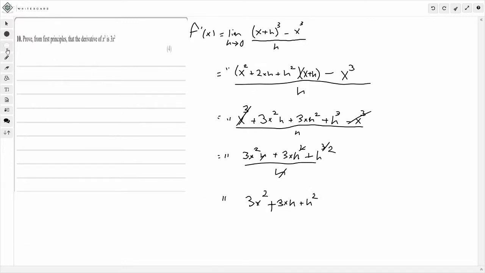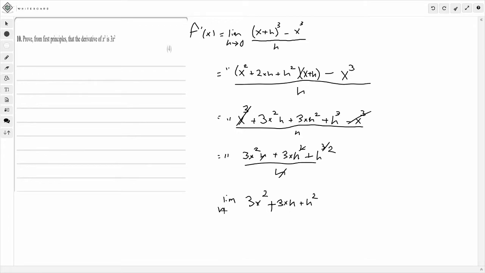Now what I'm actually going to do is rub this out just a sec, because I want to write the limit in here, so it's hopefully nice to see what's going on. So this becomes now the limit as h tends to 0.